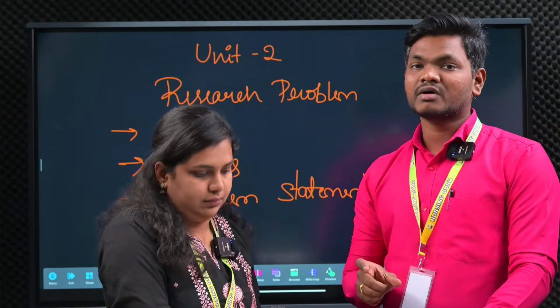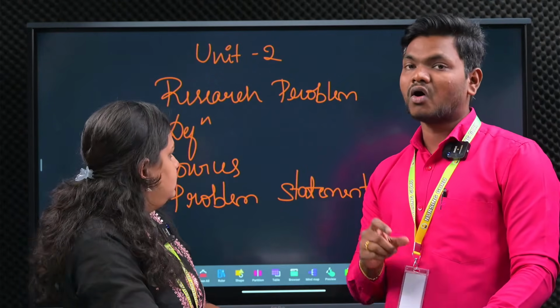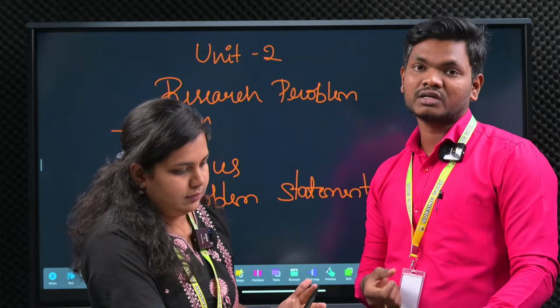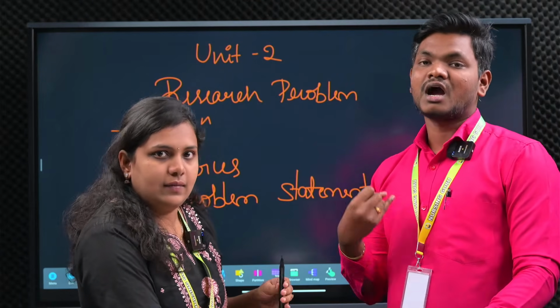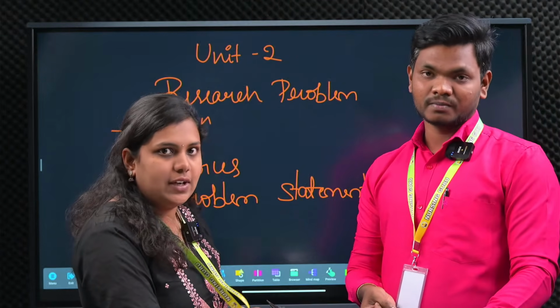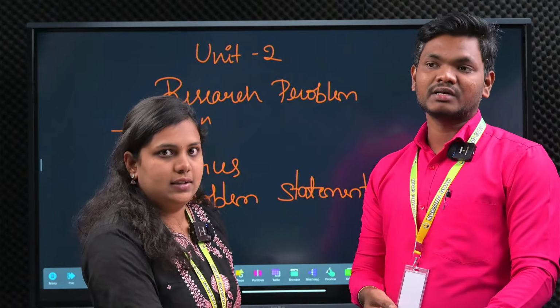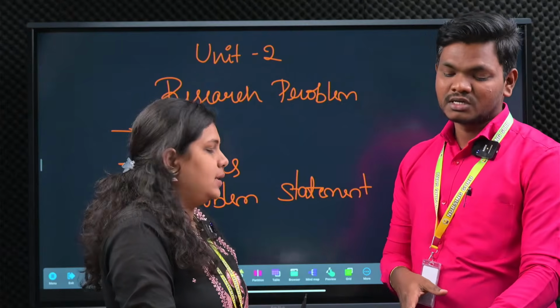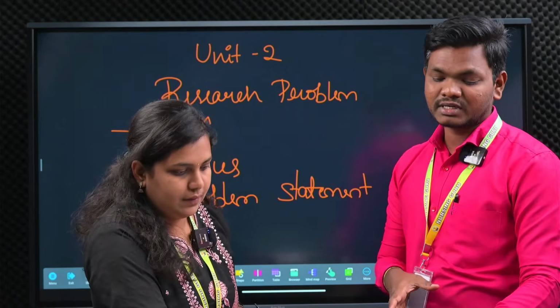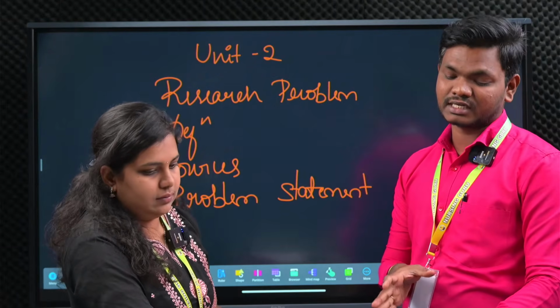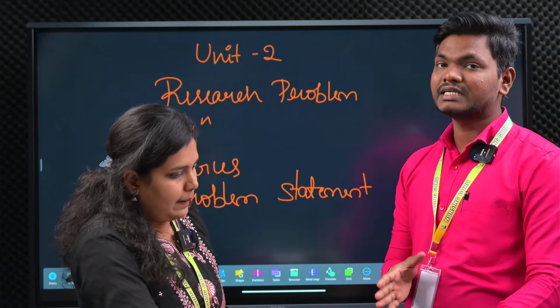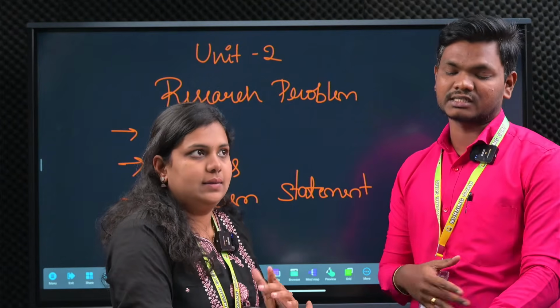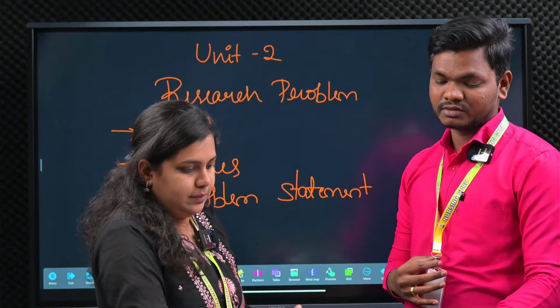So in the problem statement itself, all these things will be included: whom you are going to conduct the study on, what the study is, what the variables of your study are, and what the design is. Everything will be included in the statement. That's why it is specifically mentioned as a specific statement. Okay, so that will describe the investigation of your problem.